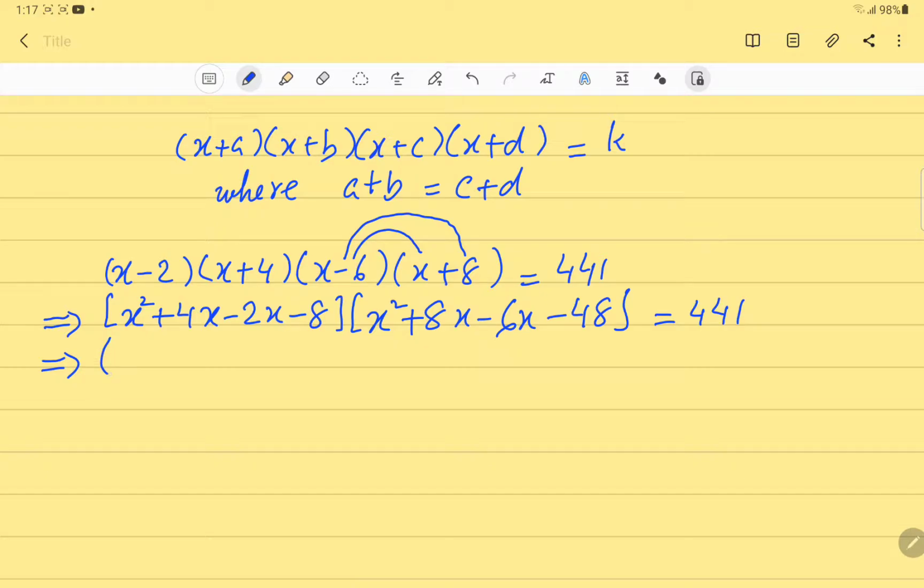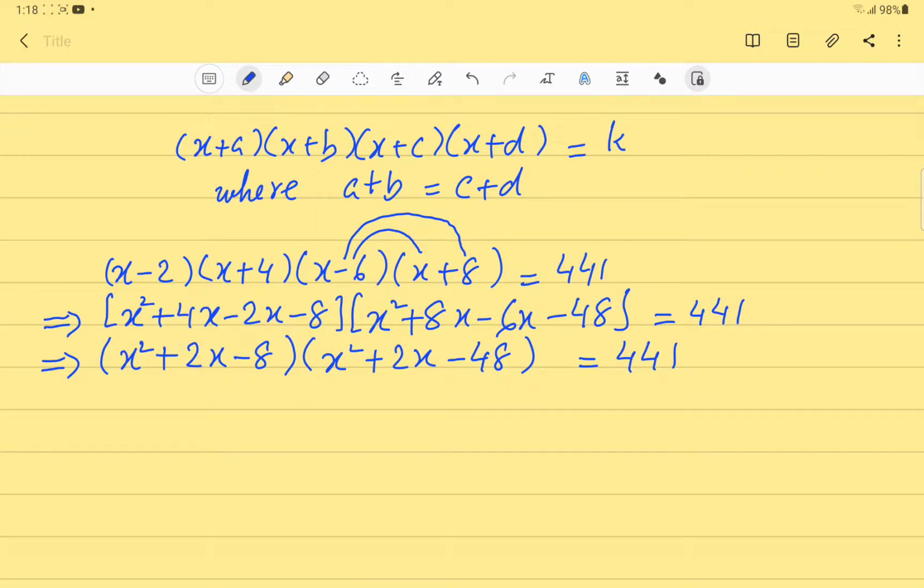Let us simplify this bracket. So it will be x squared, 4x minus 2x is 2x, then x squared, 8x minus 6x is again 2x. Now you can see that the first two terms of both the brackets are the same, and we will assume these two terms equal to y.